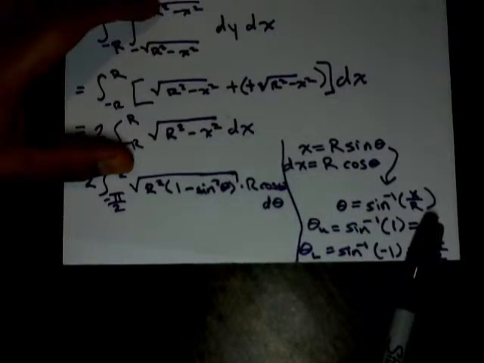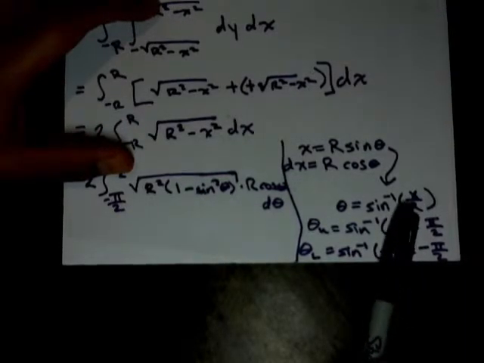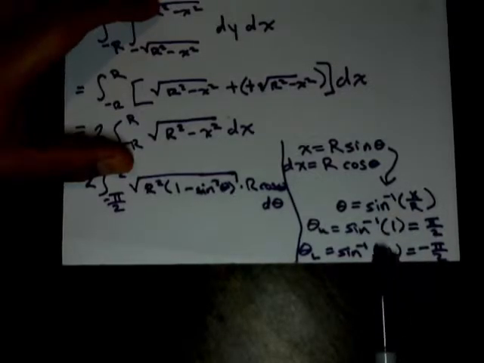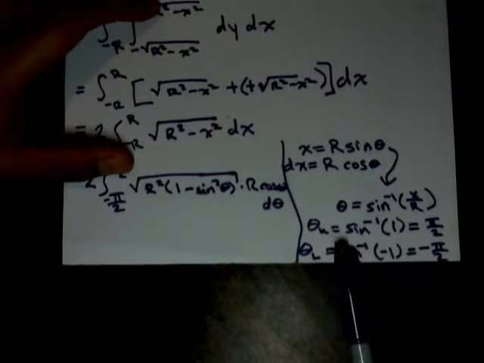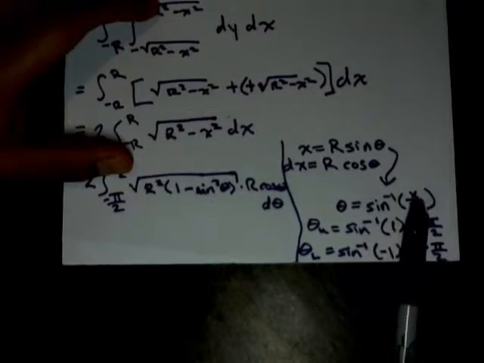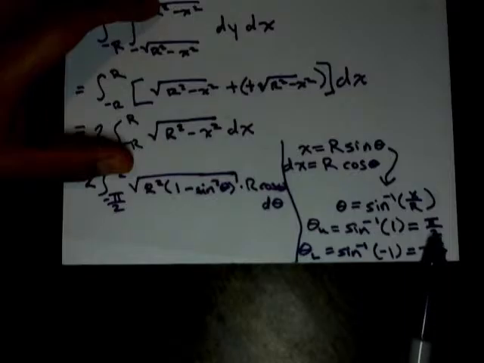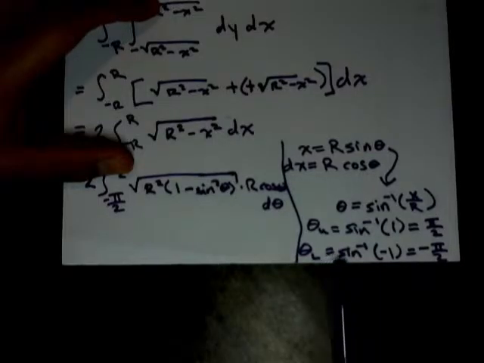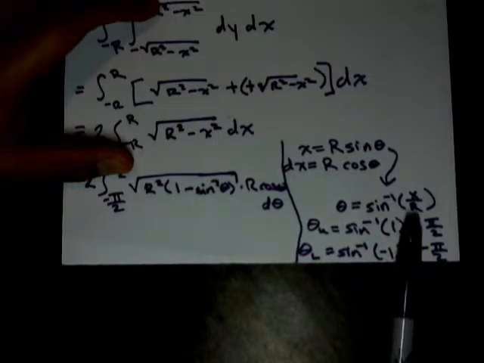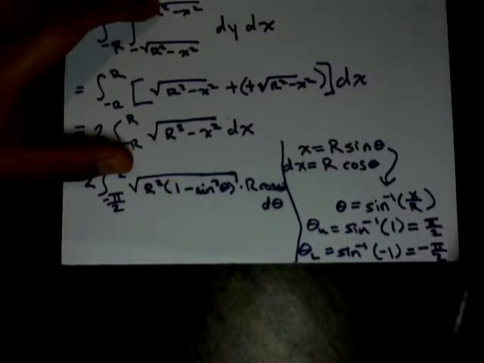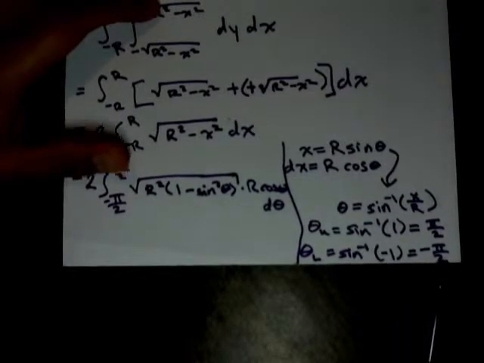And these limits come out pretty nice, you don't get anything too ugly. So our upper limit of theta is going to be sine inverse of r over r, and that's going to equal 1, and that corresponds to the angle whose sine is equal to 1, which is pi over 2. And our lower limit of integration is going to be sine inverse of minus r over r, and that's going to be minus 1. And that corresponds to the angle whose sine is minus 1, which is minus pi over 2.